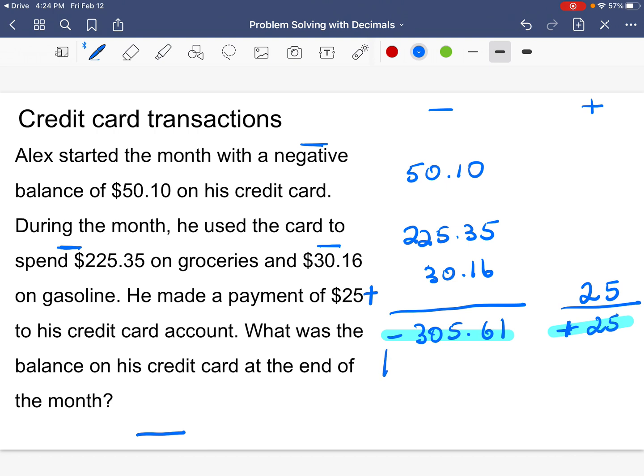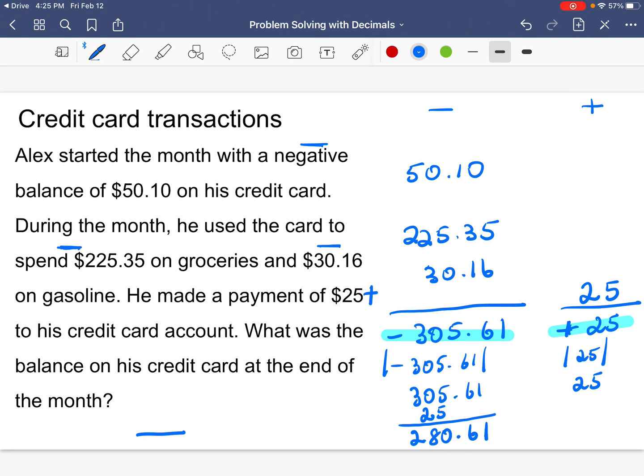Find the absolute value of both numbers. And that's going to be $305.61. This is 25. Subtract the smaller absolute balance from the larger absolute balance, $280.61.